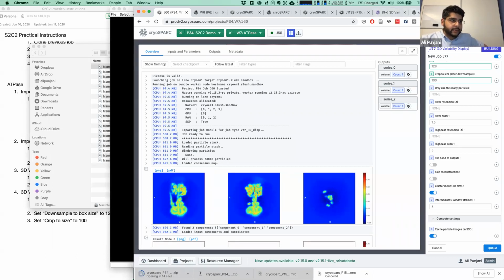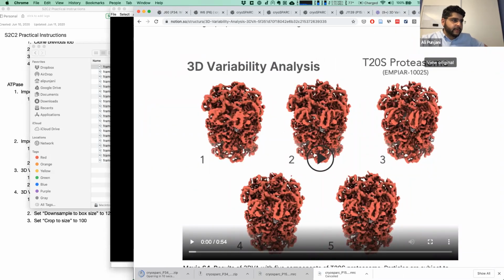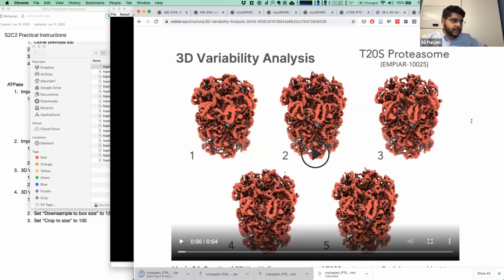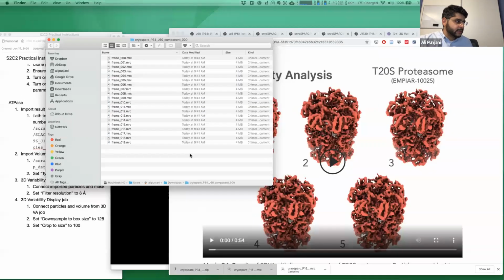In the meantime, I will show you a video from a result of 3D variability analysis running on a larger data set of 20S proteasome particles. The same data set, the same particle, but the entire set of images that we used yesterday. Actually, I'll come back to that since now my variability analysis is finished downloading.